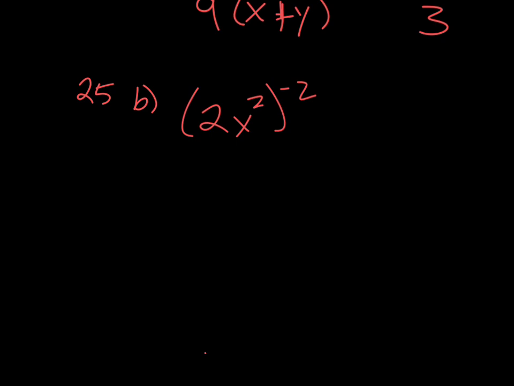I would do it differently if I was just sitting around doing these problems, but for you guys, I would suggest that you do one thing at a time. We've got things multiplied inside and an exponent outside, so we can apply it to both of them, multiplying. Then that would become 2 to the negative second, x to the negative fourth.